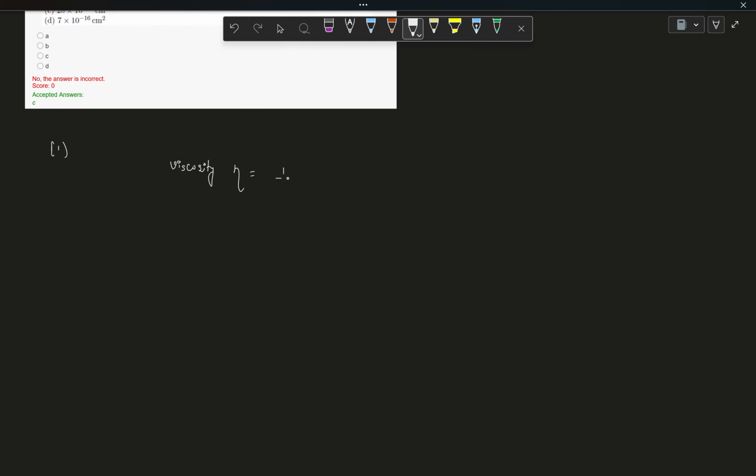So eta is equal to 1/3 rho c bar lambda. Okay, so this is the formula already derived in the lecture for viscosity.